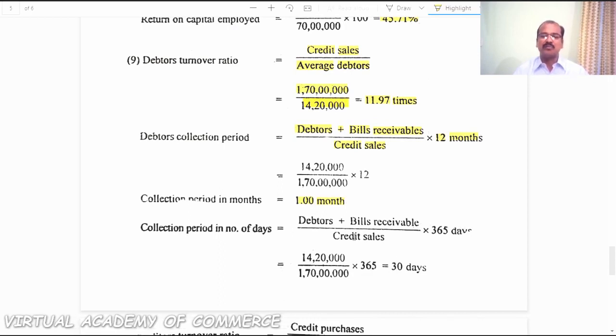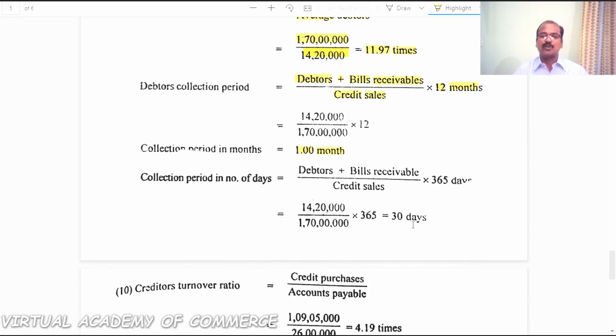The same could be computed using days also. Closing debtor plus closing bills receivable, which is nothing but the total of closing accounts receivable divided by credit sales into 365, it gives us 30 days as the debtors collection period in terms of days.